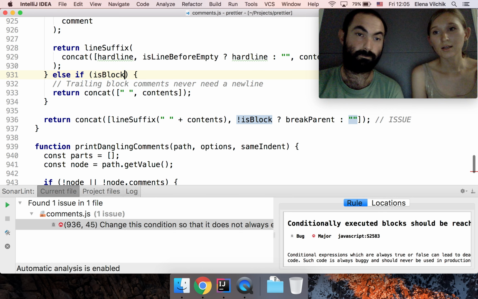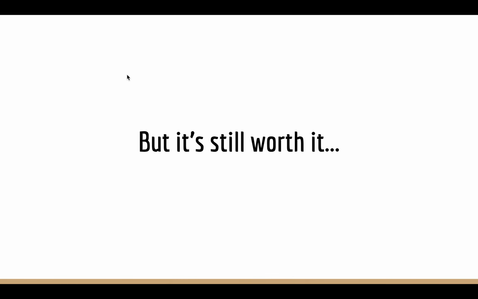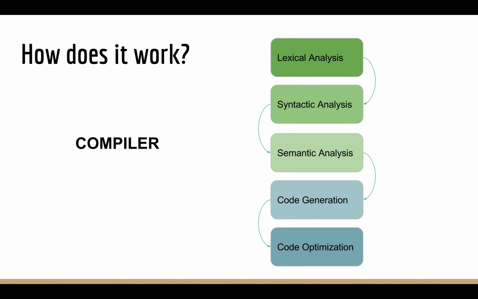And let's see now how all of that works from inside the analyzer. Carlo will continue that. So, how does it work? The idea is that the analyzer works a bit like a compiler.